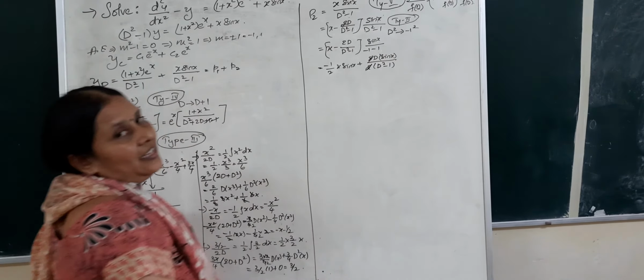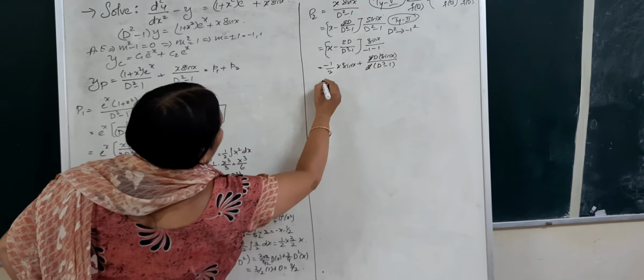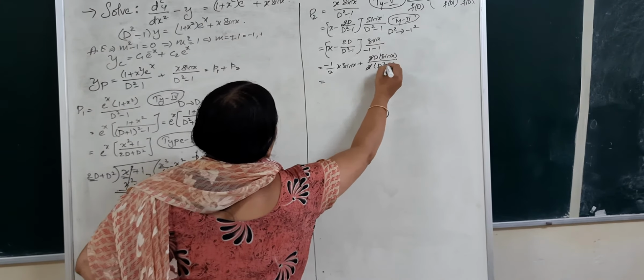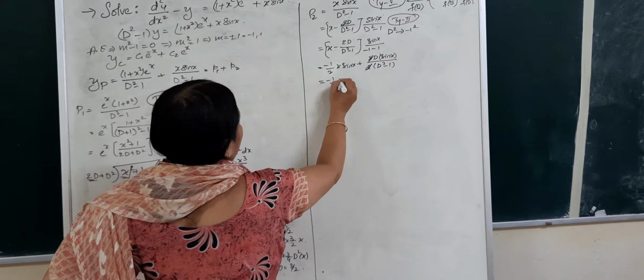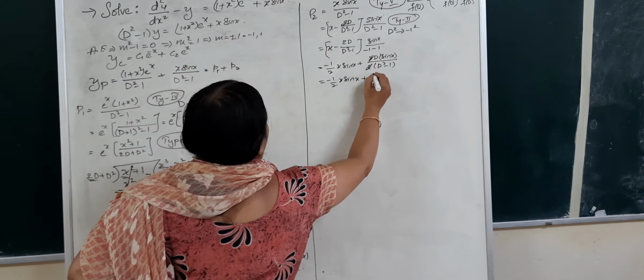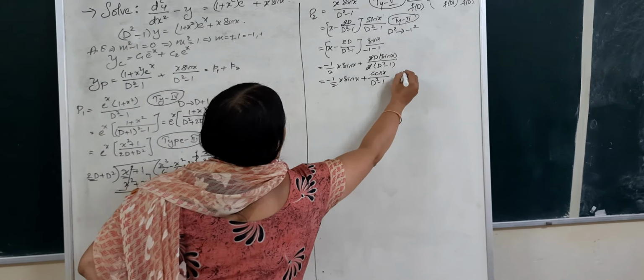Again 2 gets cut. What is our D? D is nothing but derivative. So derivative of sin x you have to take here, but still it's going to be the second type again for the second term. This first term will be as it is. You can take another step and then apply the second type again. Derivative of sin x is cos x by D square minus 1.